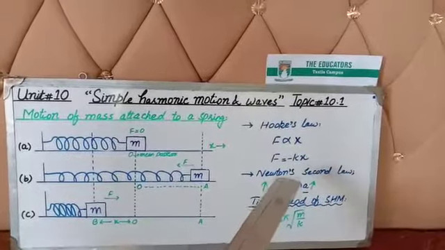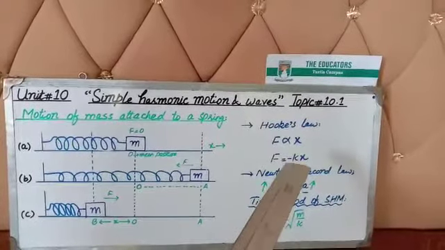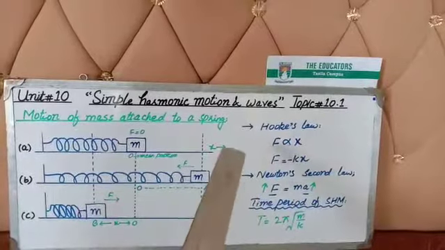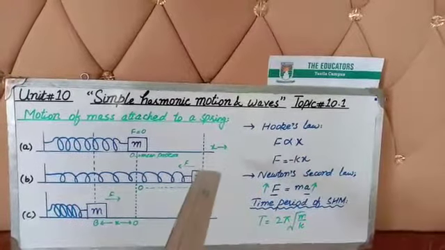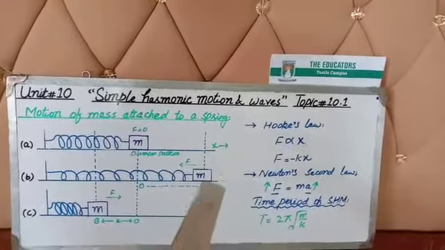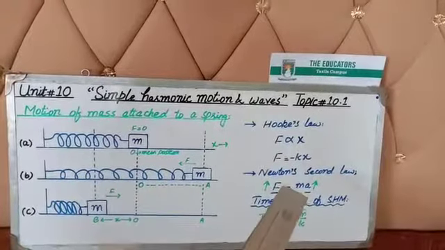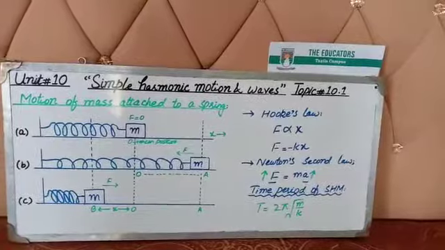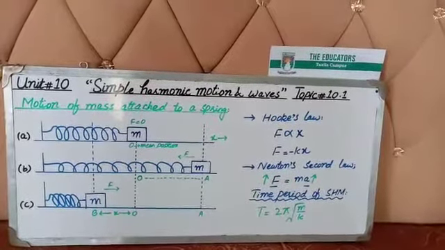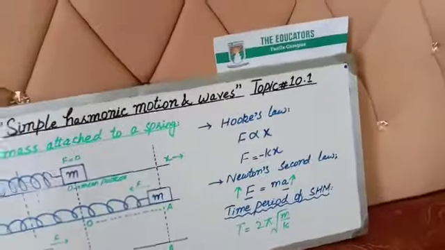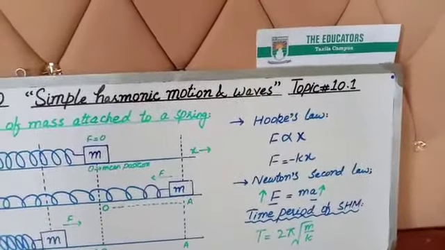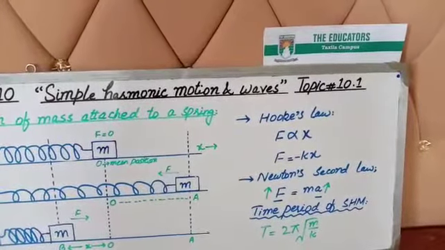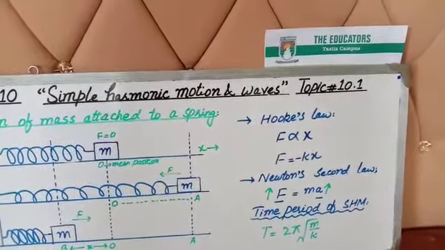We can say that the spring constant is the strength of the spring, how strong the spring is or how thick or thin the spring is. According to Newton's second law of motion, F is equal to ma. When force increases, the body will accelerate more, the greater the acceleration is.